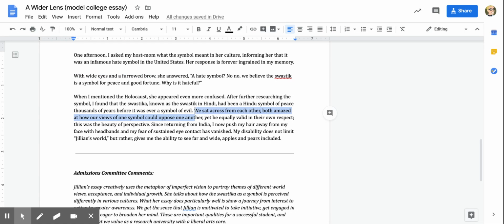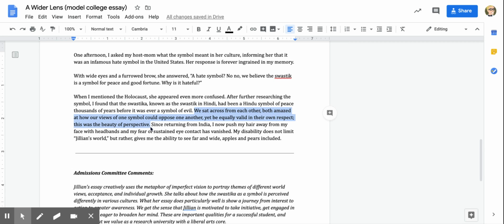"We sat across from each other, both amazed at how our views of one symbol could oppose one another, yet be equally valid in their own respect. This was the beauty of perspective." So when she says this was the beauty of perspective, that conveys understanding, that conveys realization. It's the epiphany. This is what she's come to learn, or at least part of it.